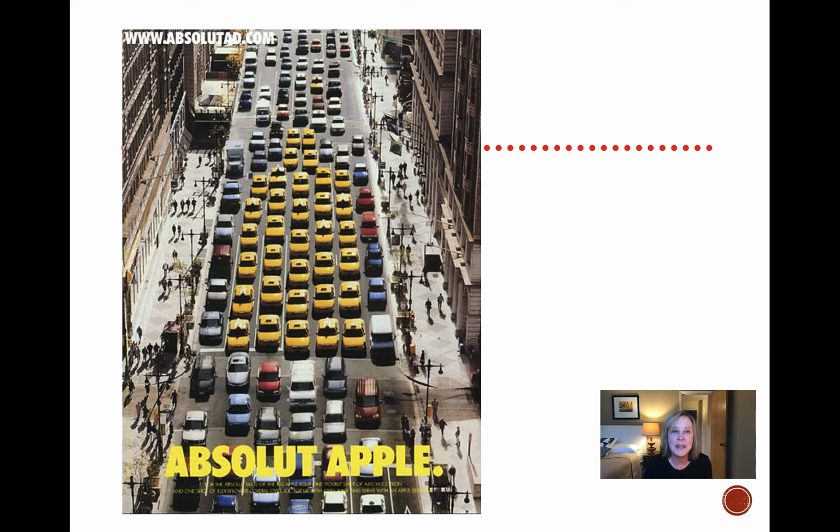We have a whole bunch of yellow cabs in the shape of a vodka bottle. And we see that vodka bottle because all of those yellow cabs are yellow and they're the same size. Instantly, we understand that that's a bottle. Also, it helps that there's a title that says Absolut, so we know it's a vodka bottle, but we can see the bottle. Similarity in design.